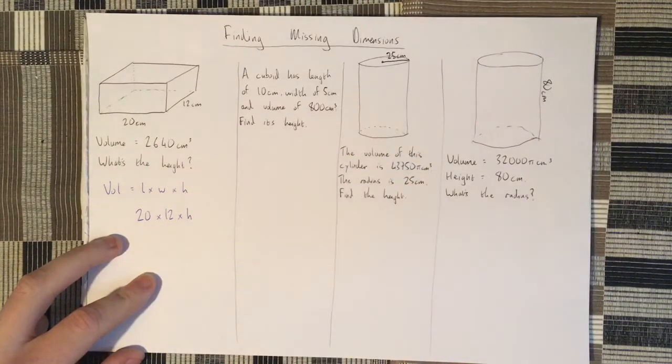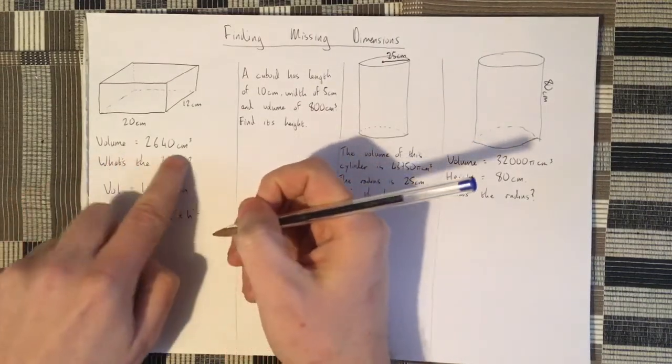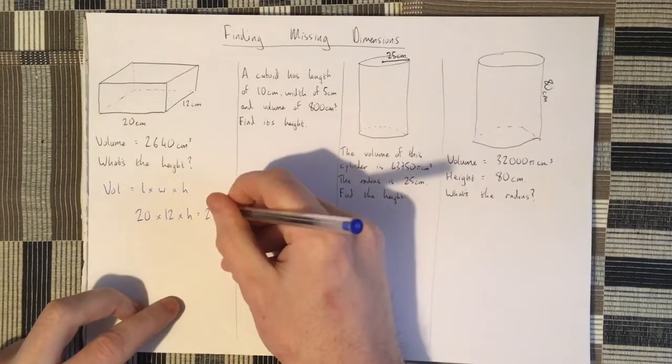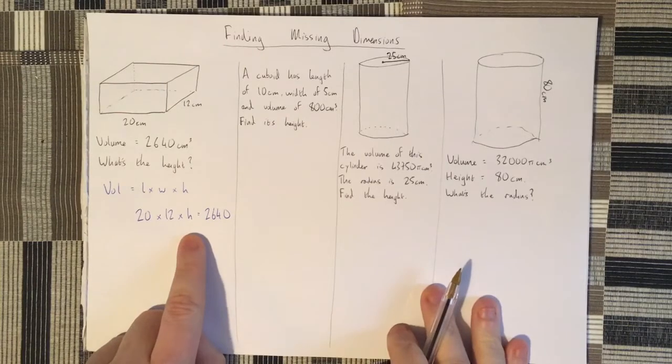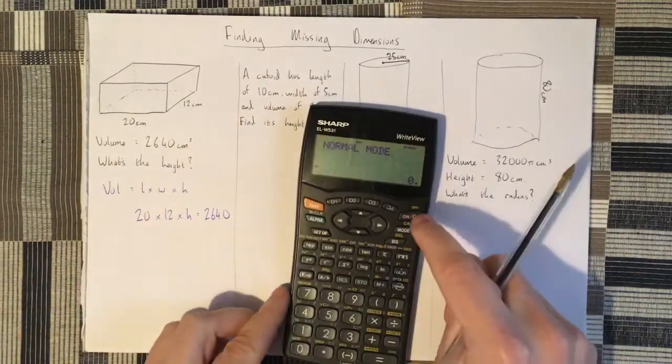I don't know the height, but I do know that when I multiply these 3 numbers together, I get the volume, and the volume is 2640. So I've only got one unknown, and once I've only got one unknown, I'm able to solve it.